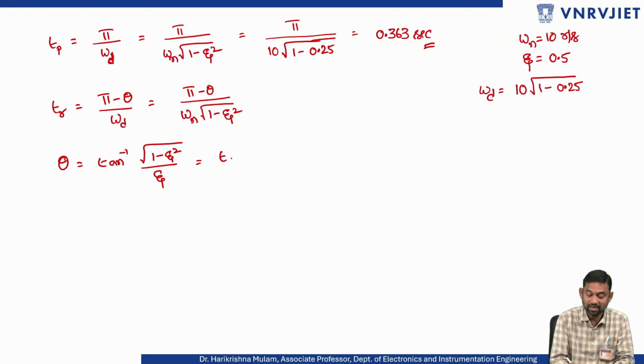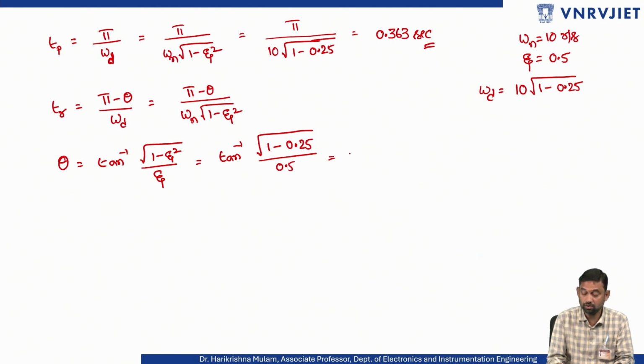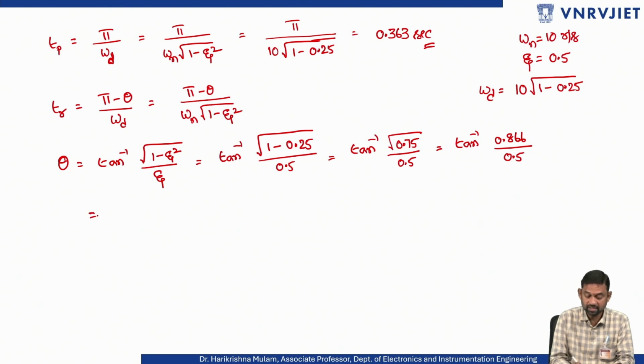That is equal to tan inverse of square root of 0.75 by 0.5, which is tan inverse of 0.866 divided by 0.5, which we will get approximately as 60 degrees.